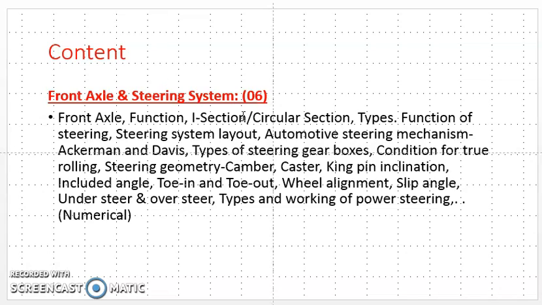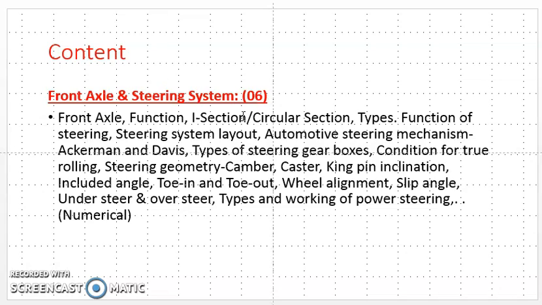Before starting this chapter, we have learned the transmission system, and in the transmission system part I covered the propeller shaft, differential, universal joint, and last we covered the rear axle.